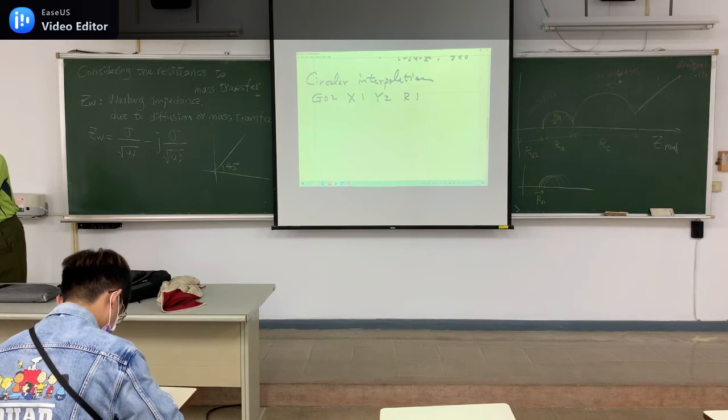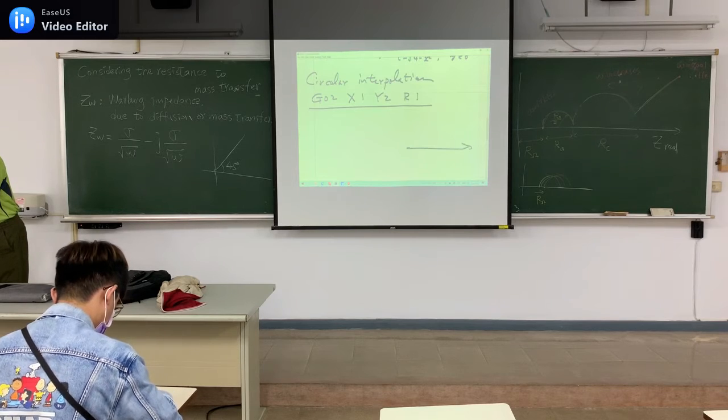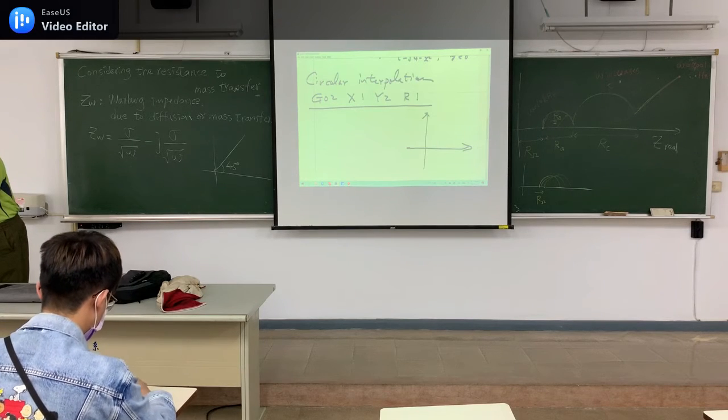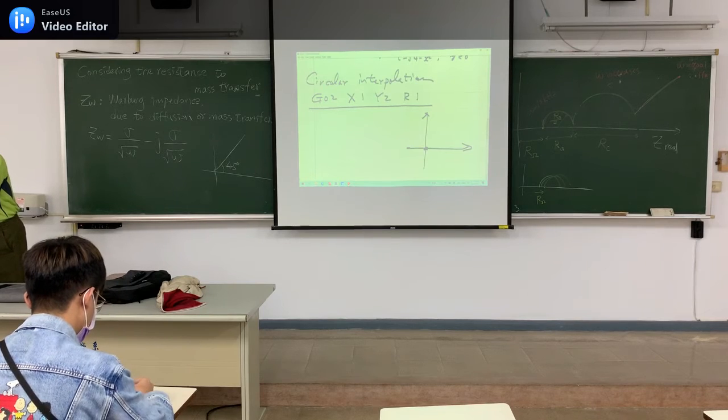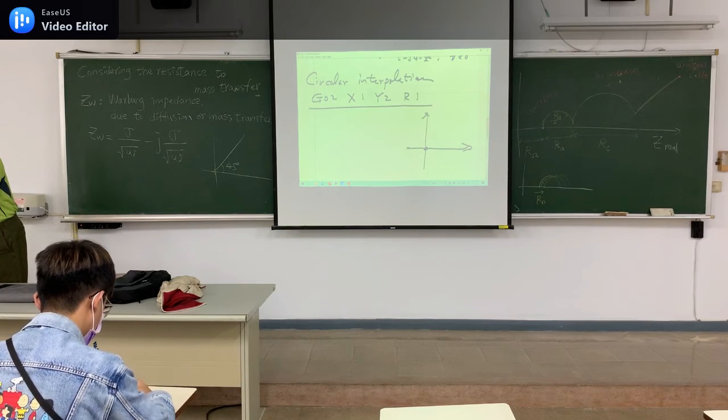And if you have a G code like this, suppose the previous point is x0, y0, then x1, y2 is here.